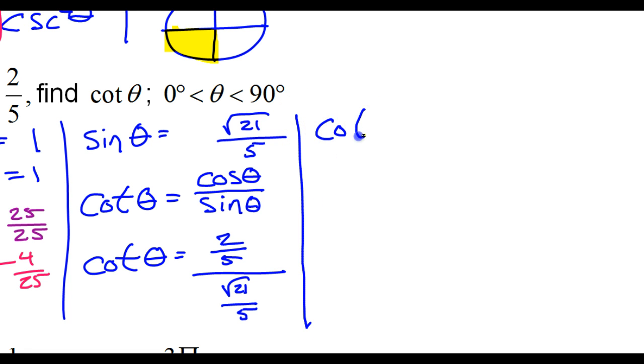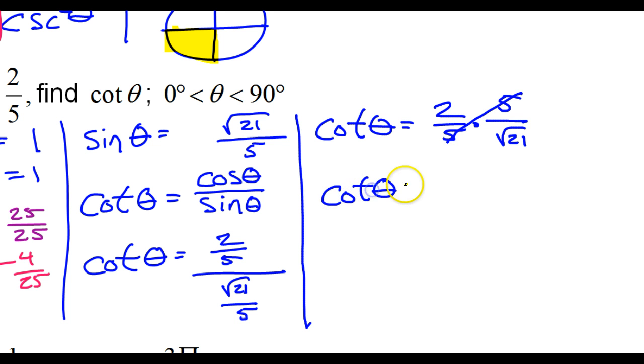So the cotangent of theta is going to be 2/5 times 5 over radical 21. Now these 5s are going to end up canceling out. So the cotangent of theta is going to equal 2 over radical 21.